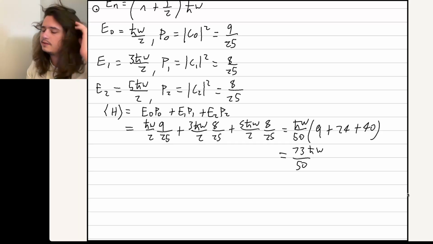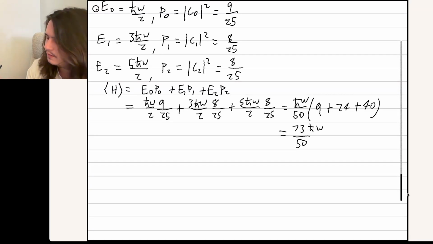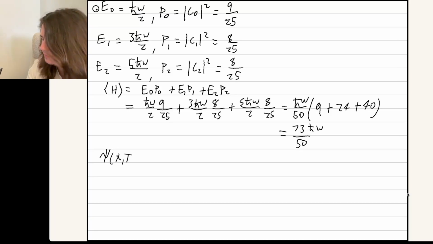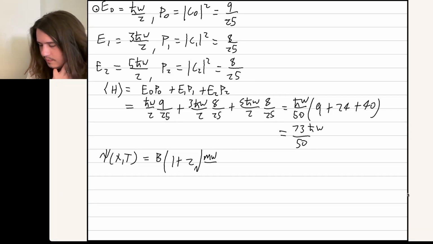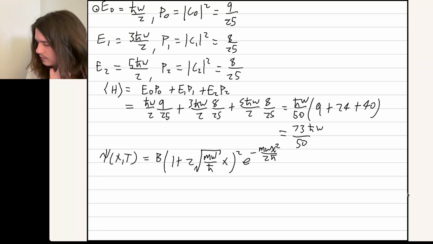The last thing that the problem asks is, let's say that after a time capital T, the wave function looks like this. B is some constant times (1 + 2 square root of m omega over h bar x) all squared, e to the minus m omega x squared over 2 h bar, which in our notation is b times (1 + 2c) squared e to the minus c squared over 2.